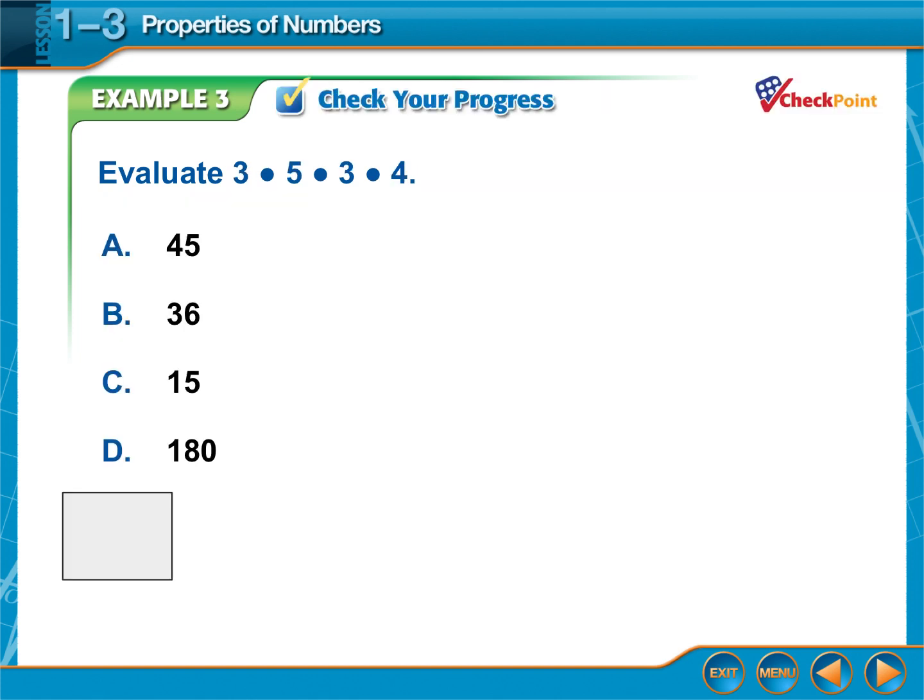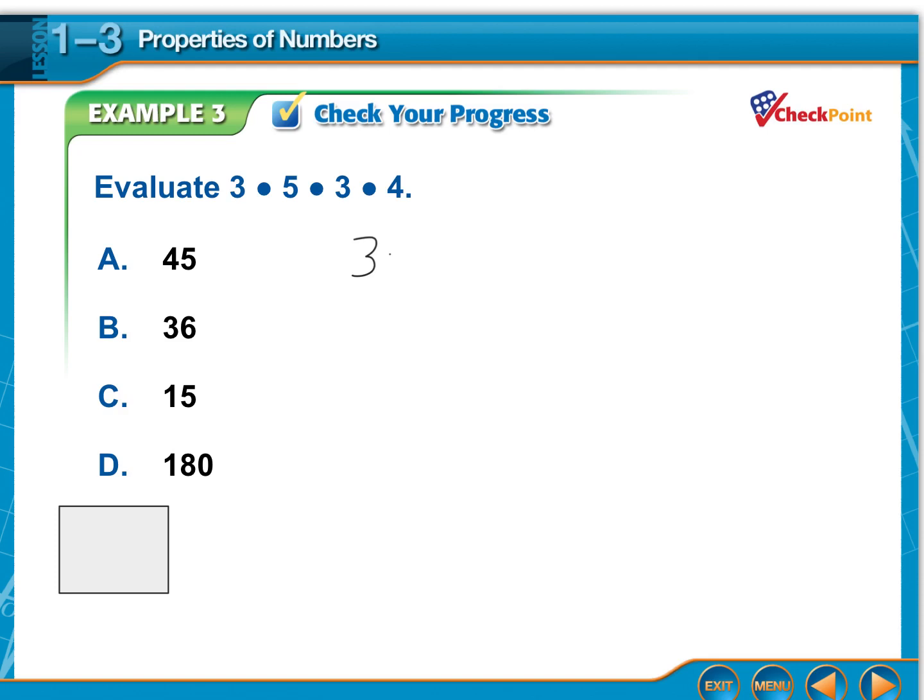Okay, last one here. What's happening between those numbers? Multiplication. Those big dots in there, those are multiplication. Okay, so I'm going to rewrite here. We're going to think about that last slide that we just did. What property is that if I just solved it that way?